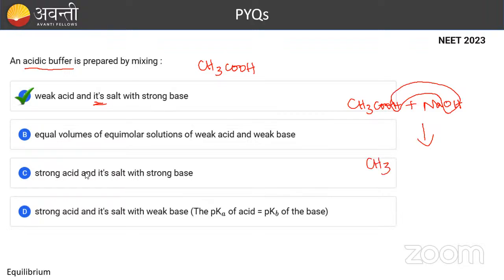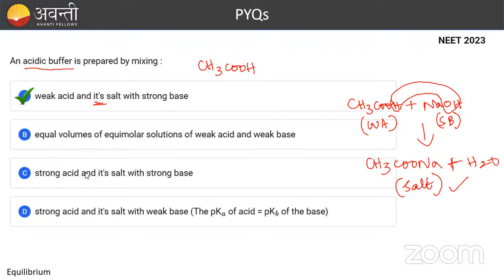Which is CH3COONa and H2O. So this is the salt. Sodium hydroxide is a strong base. This is the salt we get from the weak acid and strong base.